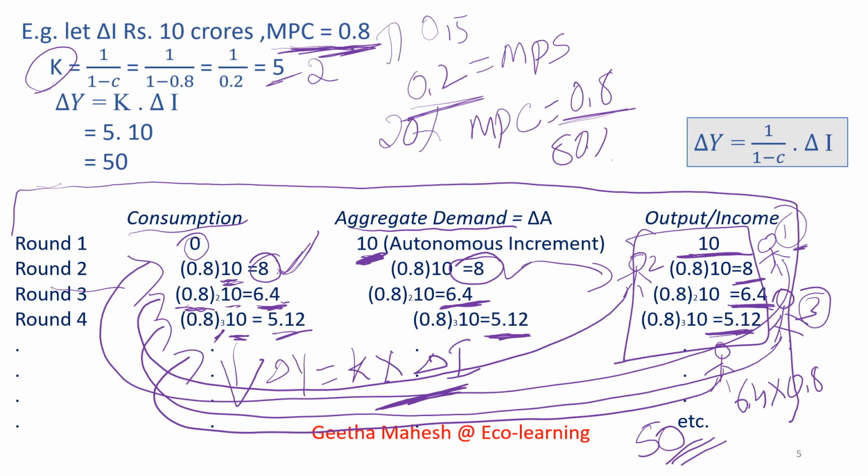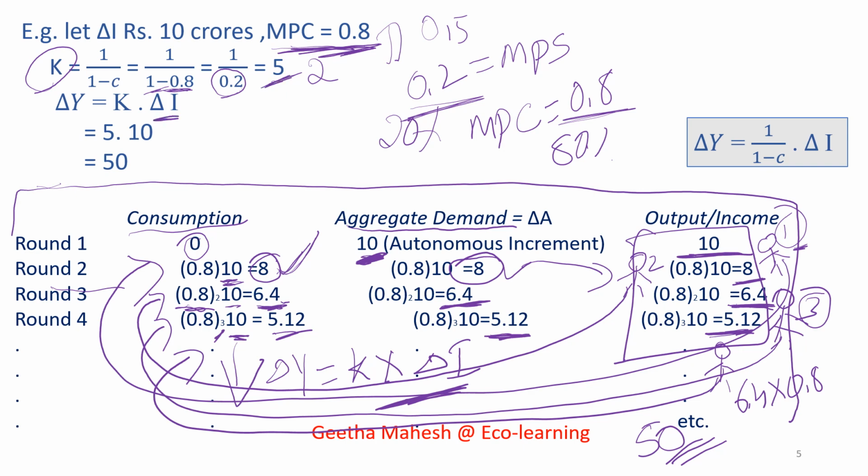When MPC increases, the value of the multiplier also increases. Here 1 divided by 1 minus C is 1 divided by 1 minus 0.8. Here we took 0.8, in the previous example 0.5. Now when you deduct 0.8 from 1, you get 0.2. 1 divided by 0.2 is 5.